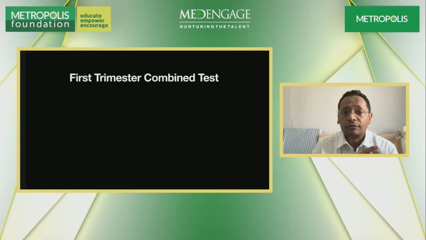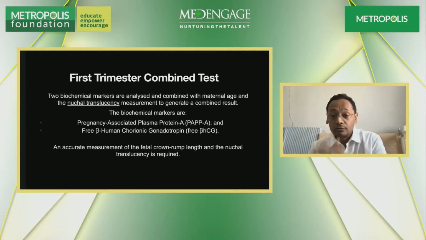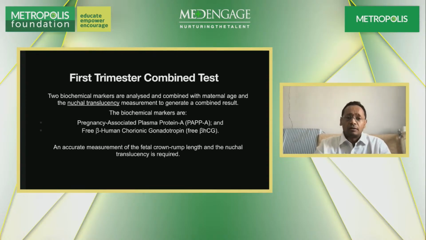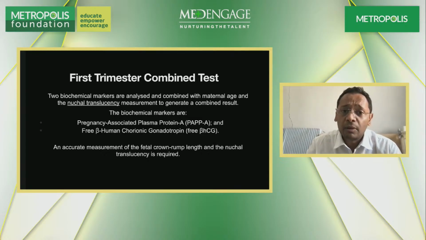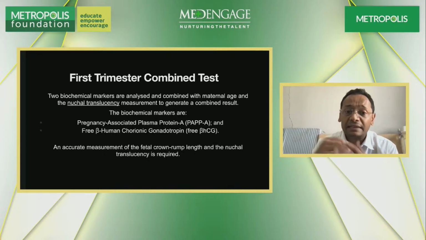Now coming on to the first trimester combined test, which was introduced in 2000. This is also a very important test, where two biochemical markers are analyzed and combined with the maternal age and nuchal translucency measurement to generate a combined test result, or a risk ratio, which is used today.